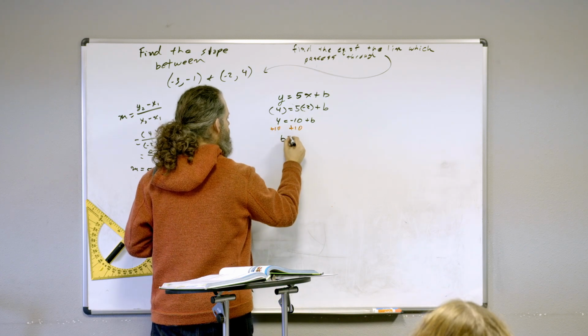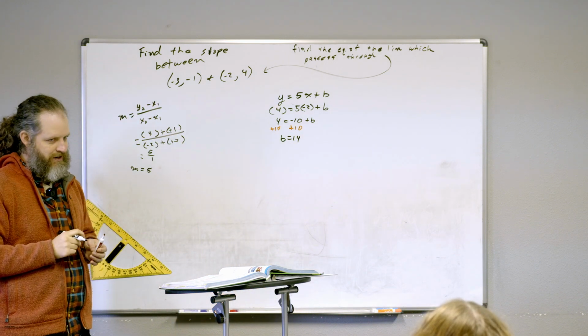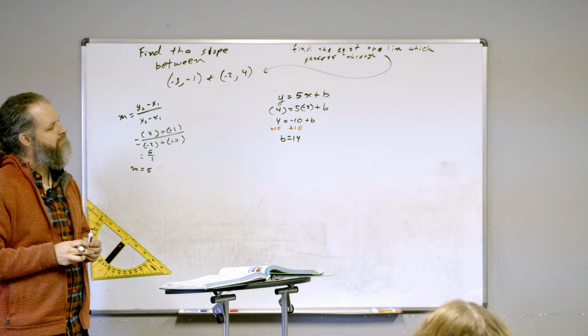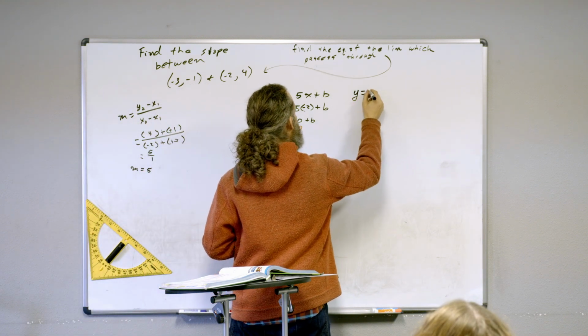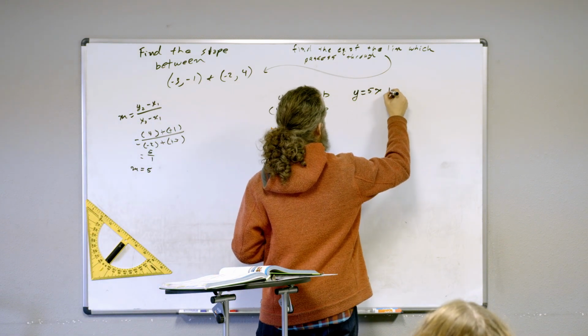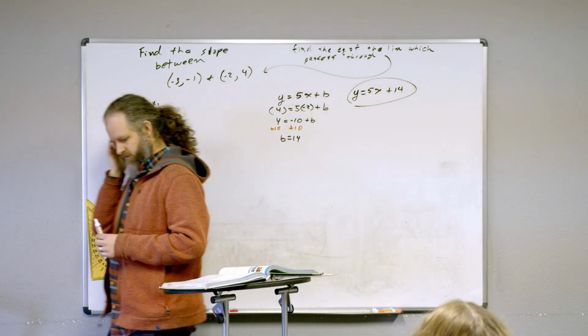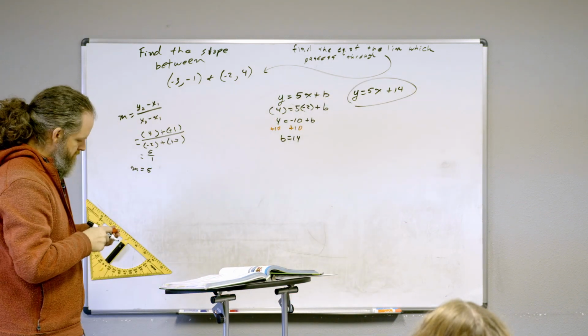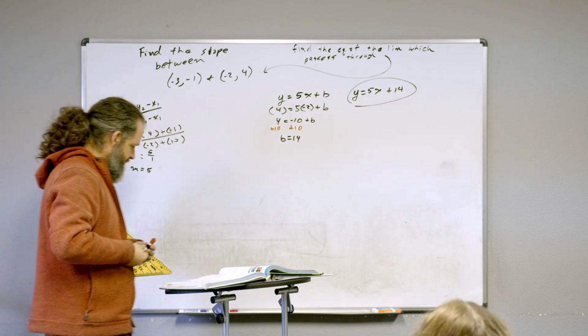So b equals 14. Now what? So y equals 5x plus 14. Okay. So those are pretty easy.